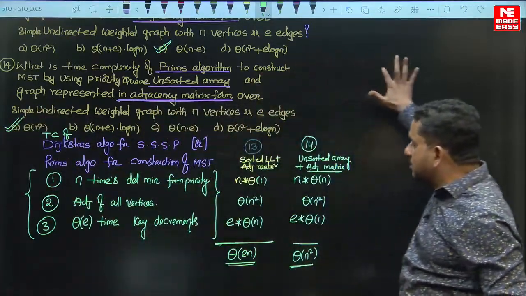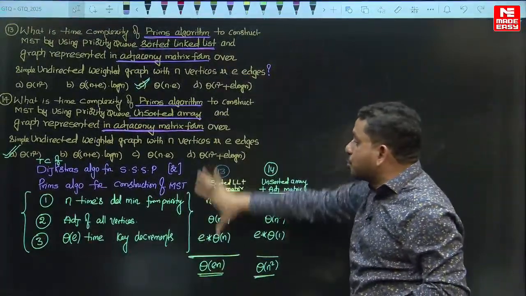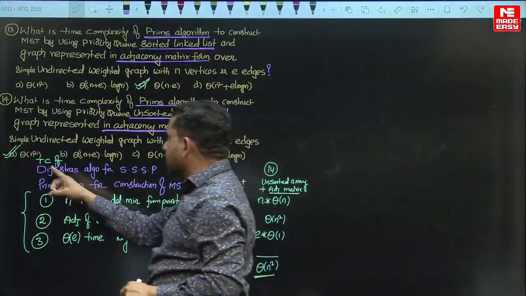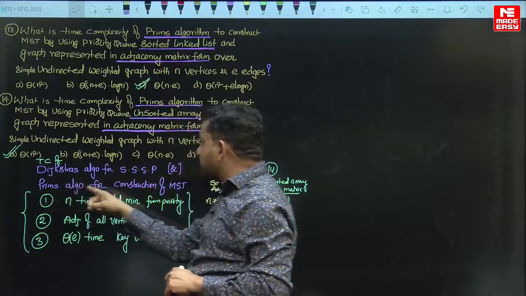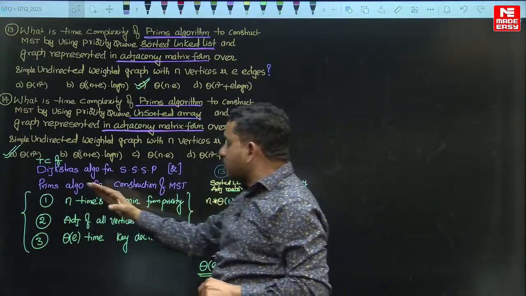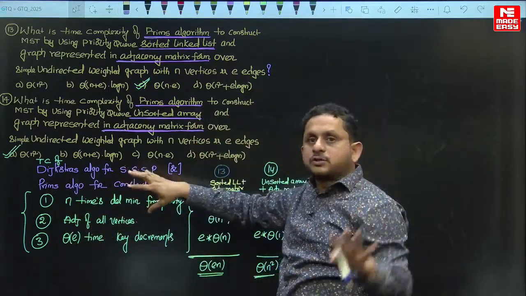These are questions you all know, not new questions, but this is the important thing: for the time complexity of single source shortest path using Dijkstra's or Prim's algorithm for minimal cost spanning tree, these are the three main operations performed throughout the algorithm.